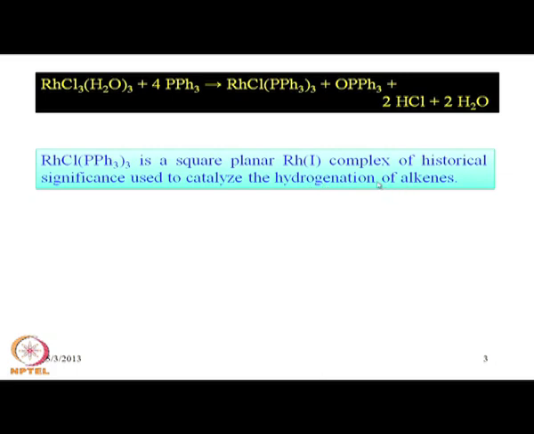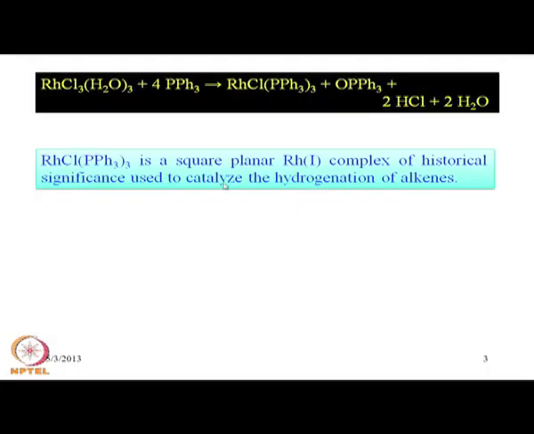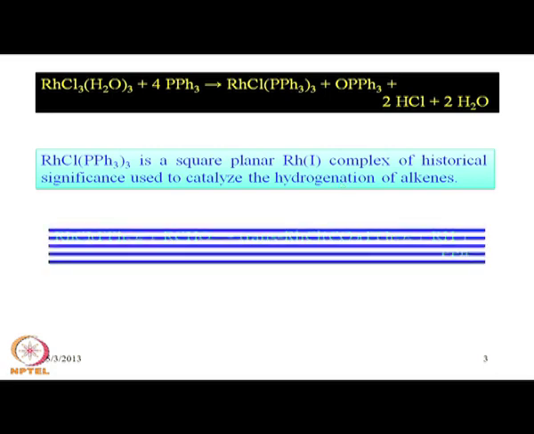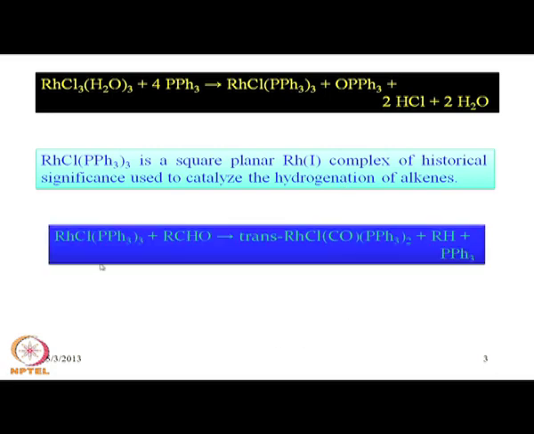So, it also has some historical importance, which we all know, that it can catalyze the hydrogenation reaction for different types of alkenes. This particular molecule is further reactive towards some aldehyde molecules also.